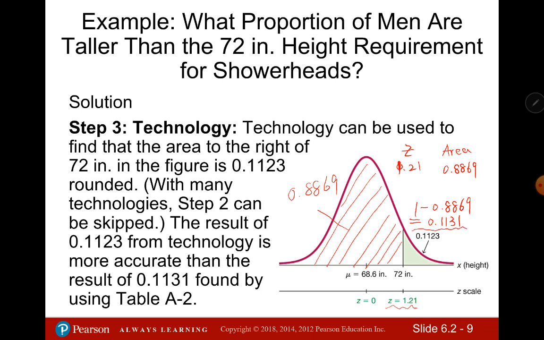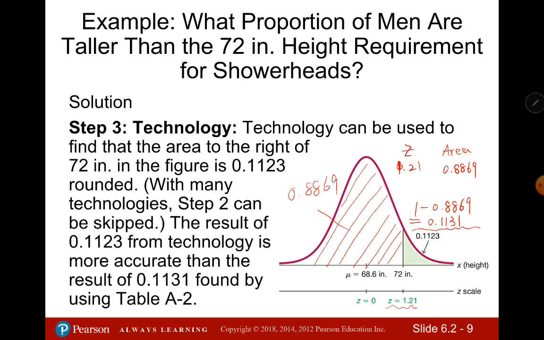If you check the table, you will just get this value, 0.1131. Again, if you are interested in the area to the right, you need to use the total area minus the area to the left, because the table only provides the area cumulative to the left. So this step is important. Okay?